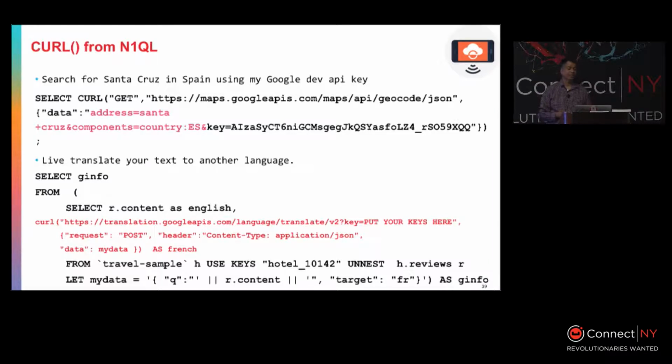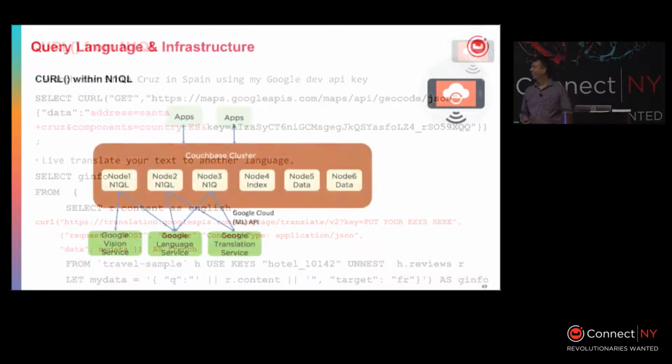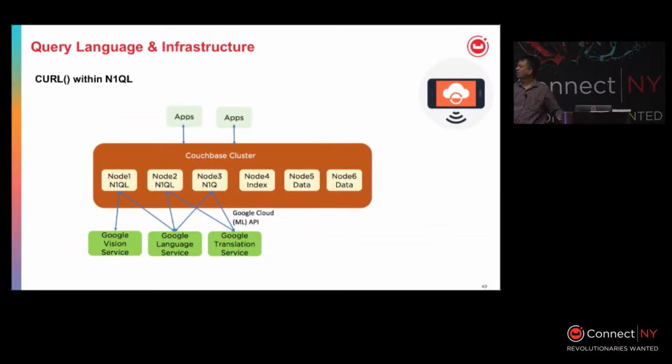So this is a simple example where in the from clause, I have a subselect statement that invokes curl and does the French translation as well. Actually, when I tested French, I presume it was decent, but I don't know French much. I had it translate to my mother tongue. The translation was pretty decent, I would say. Yeah. So this is how we do it.